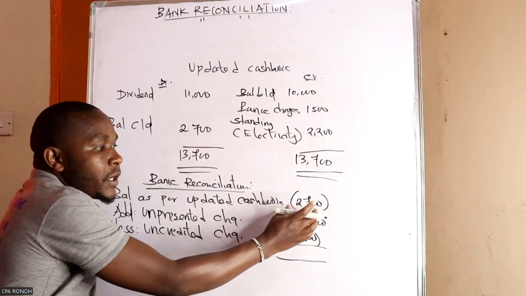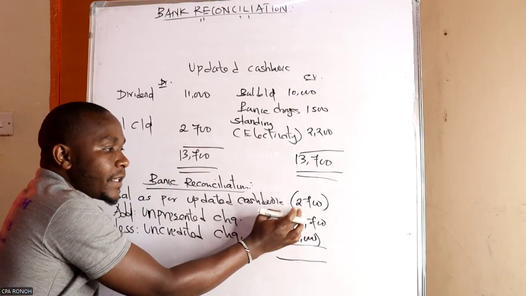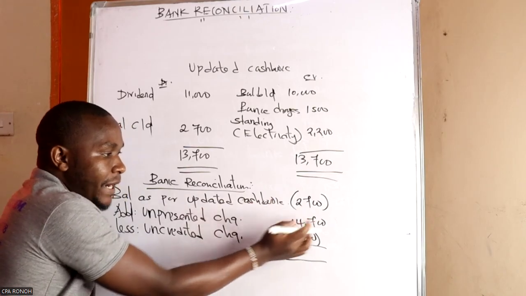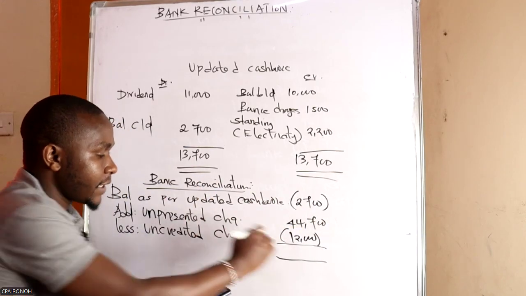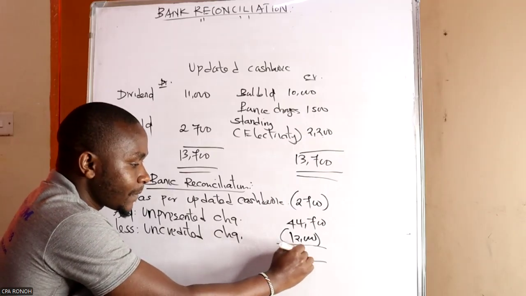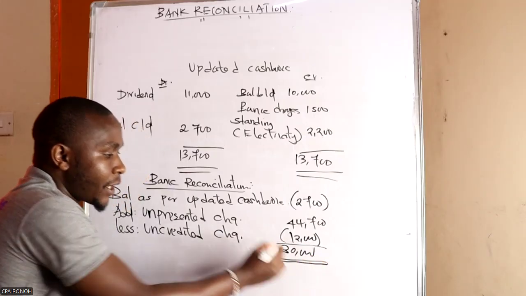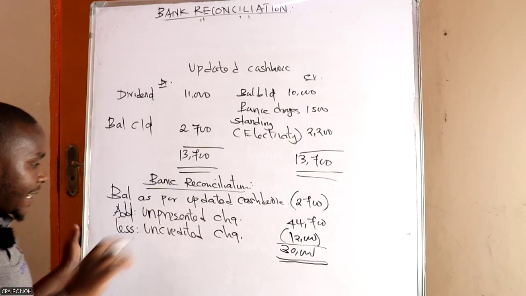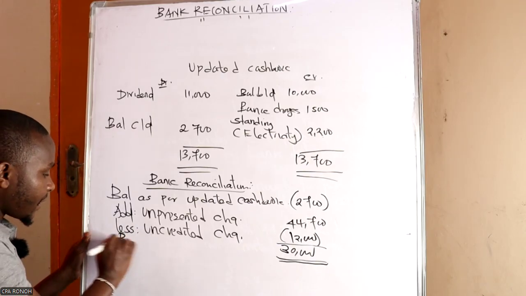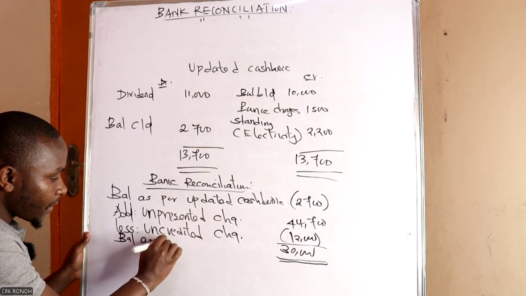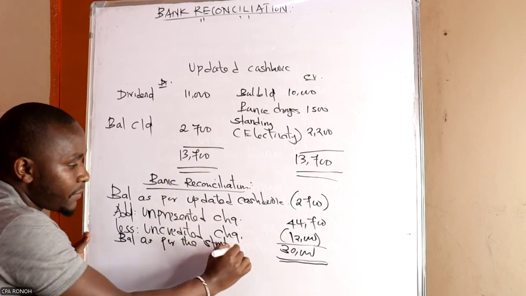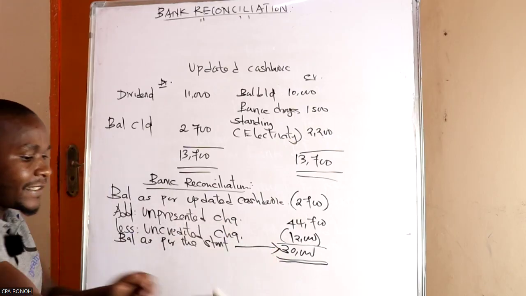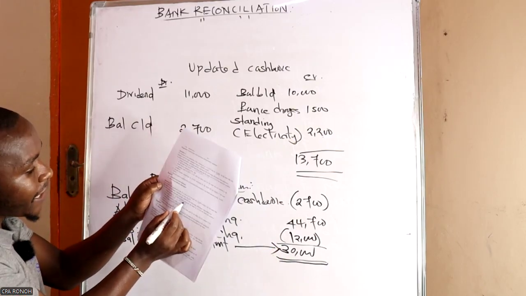So you owe the bank 2,700 plus this minus this. So you should be able to get 30,000, which we call balance as per the bank statement. Is it the same with this value we have here?